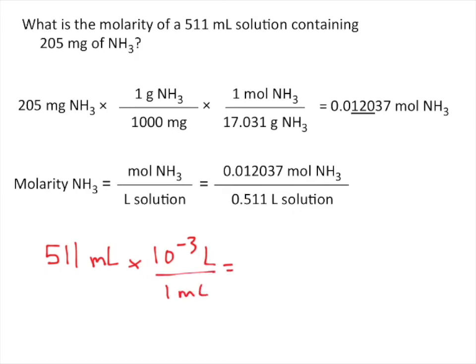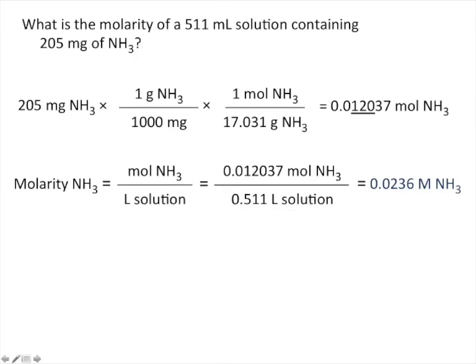And then this equals 0.511 liters. And then I took this number and put it up in here. So we have moles of ammonia, liters of solution, and that gives us our end answer, 0.0236 molar NH3.